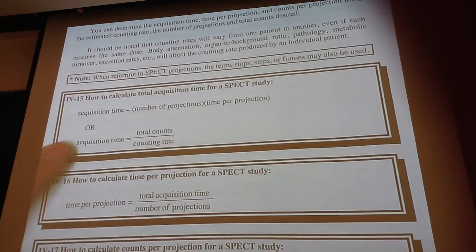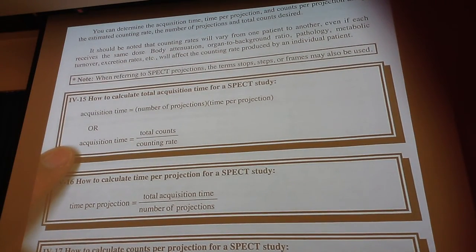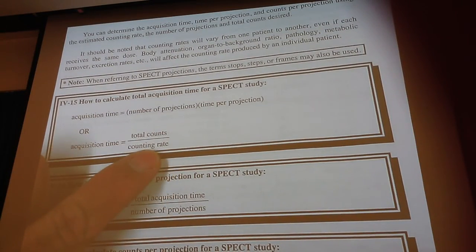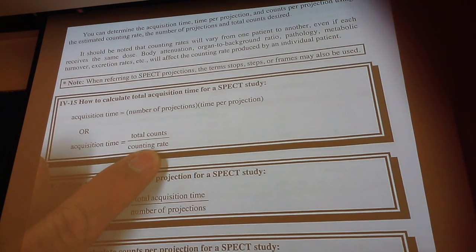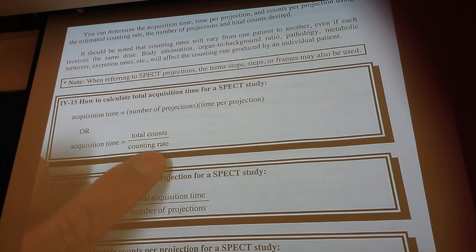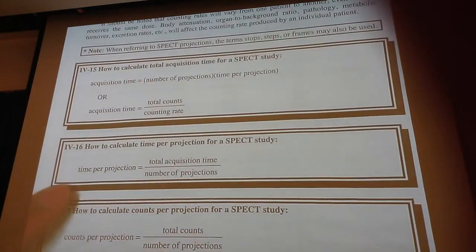Or the other way that you do it is if you tell the computer you want 2 million counts, you take the count rate, which your gamma camera will typically tell you. So if it's 10,000 counts per second, and you're going for 2 million counts, 2 million divided by 10,000 counts per second will tell you how many seconds. So 200 seconds.